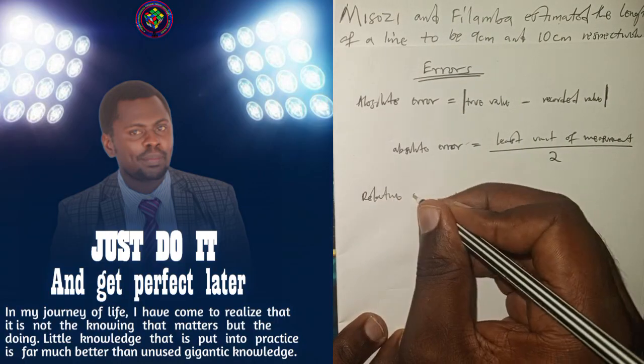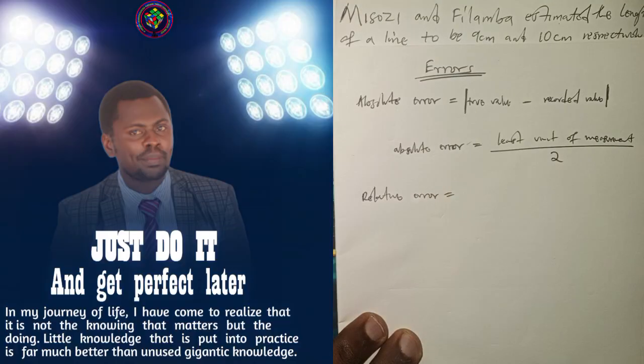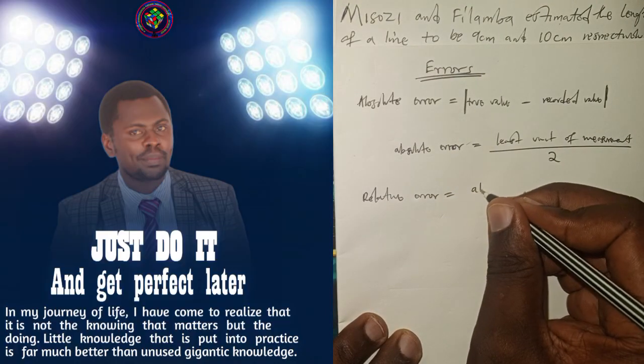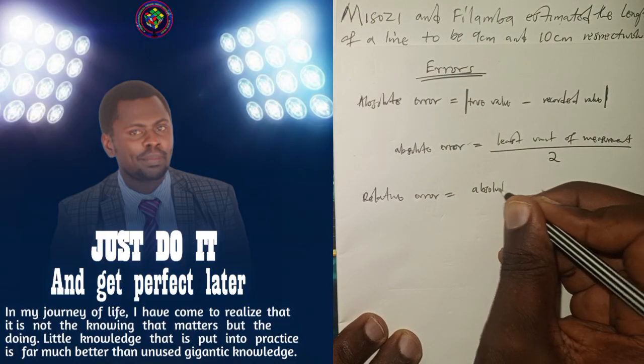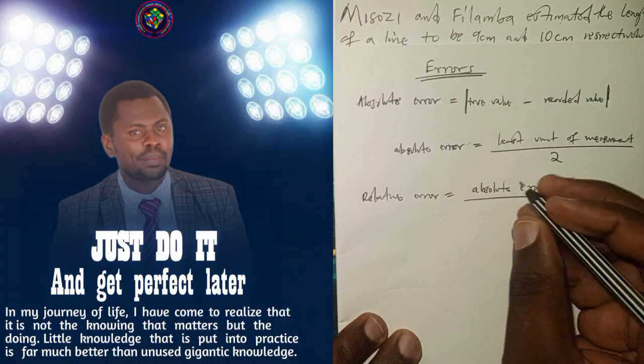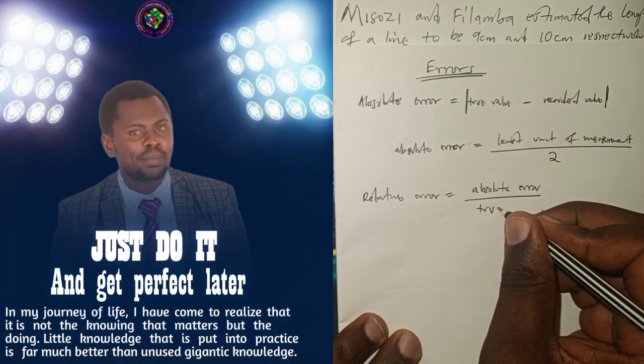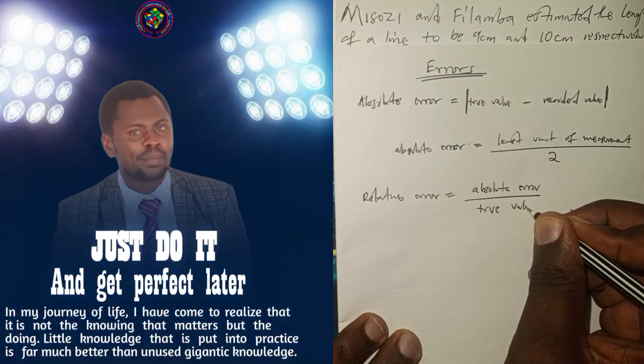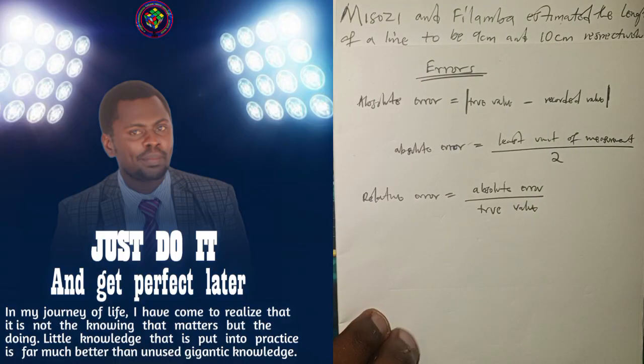So relative error is equal to absolute error divided by true value. This is just a ratio, and usually it is written as a fraction, so you just simplify the fraction.